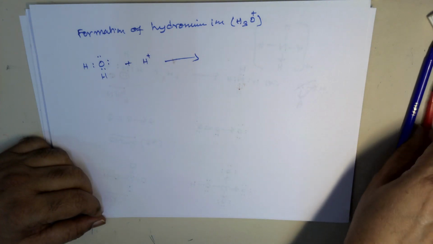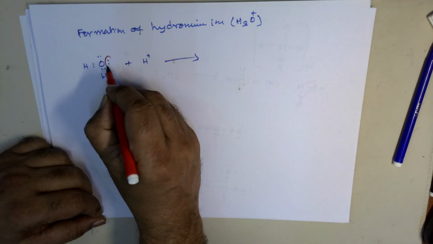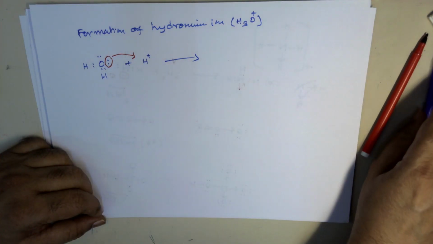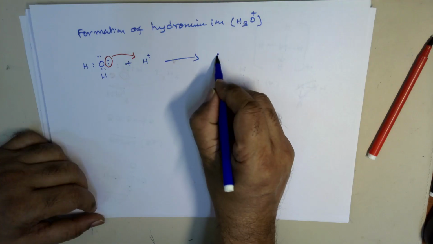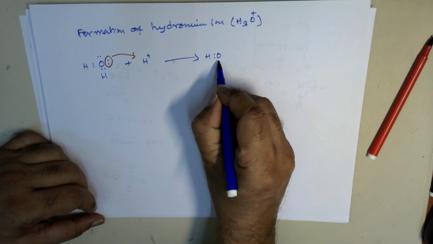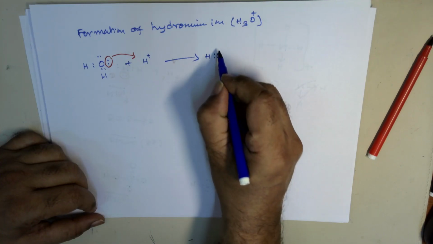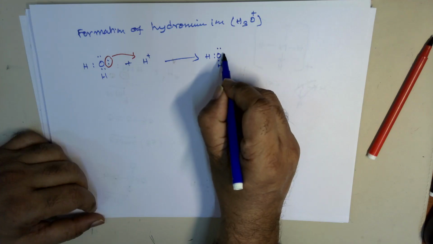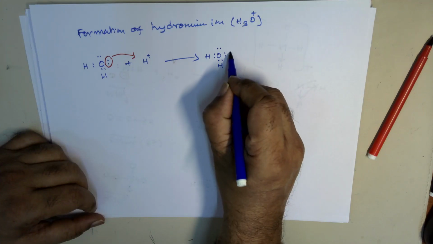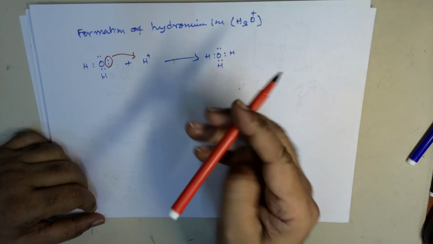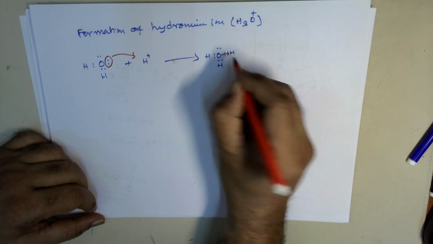So this is donated. So it becomes O, H, H, and then H. Now it is donated.